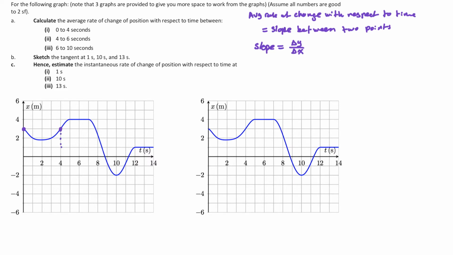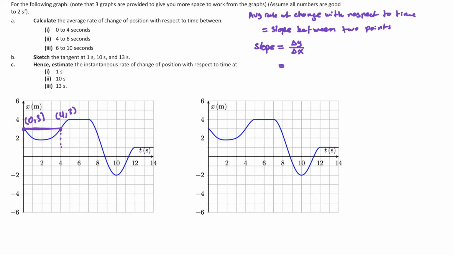So we can see that in the first one, my time is 0, my position is at 3, and for the next one, my time is at 4, and my position is at 3, and I want to find the slope of this line. Right away, you can see it's flat, it's 0. So you can write that when that's the case.